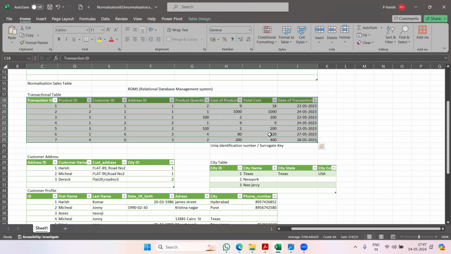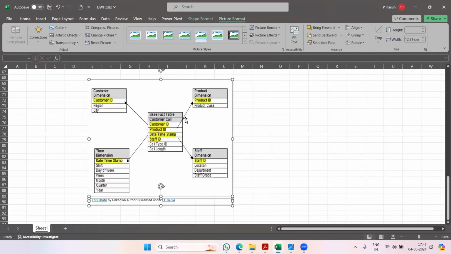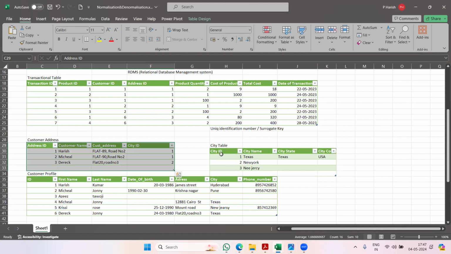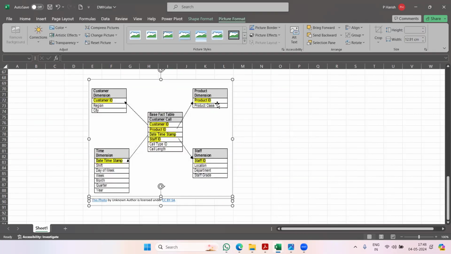You did one activity, one transaction, or one observation, so a fact is captured. So the center table, we call it a fact table. Similarly, the reference tables which we are using for this fact table, we call them dimension tables, right?